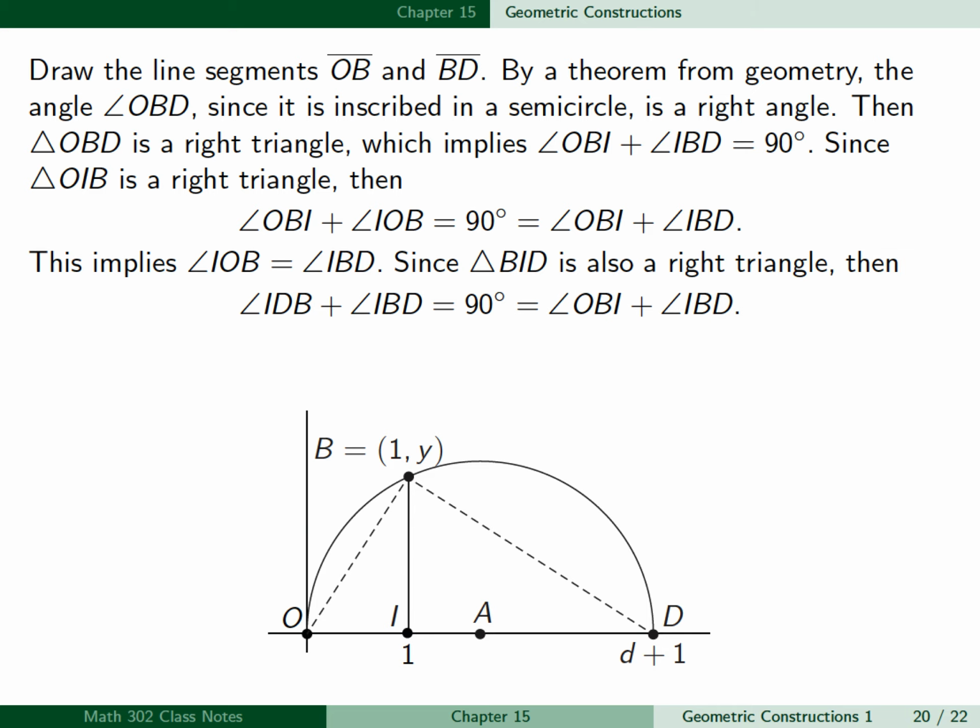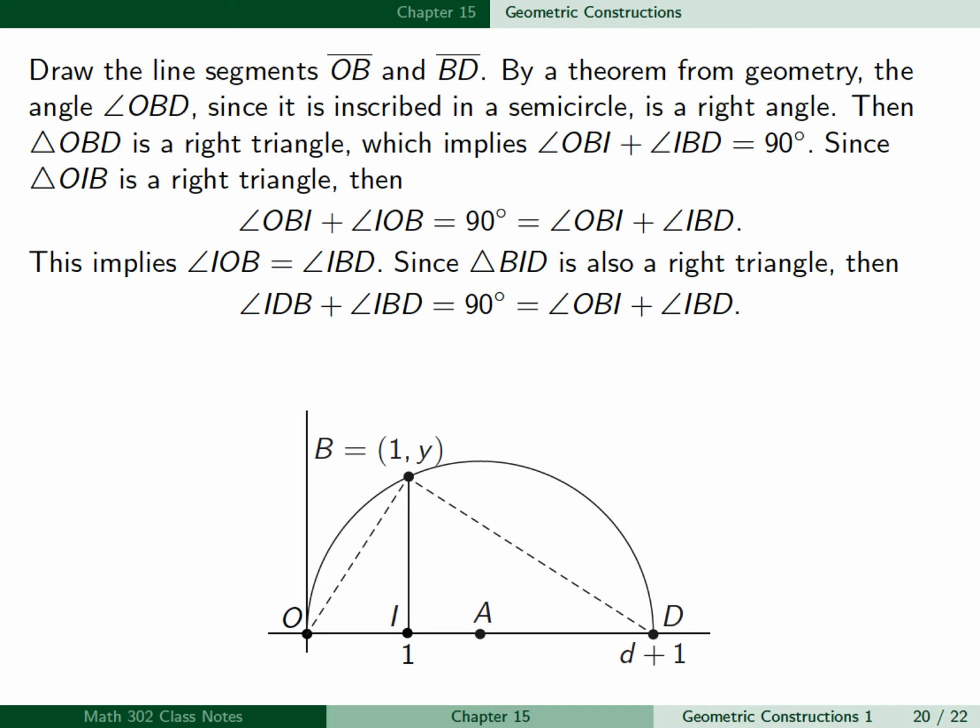Now, since triangle BID is also a right triangle, then the sum of its acute angles add up to 90 degrees, so that's angle IDB plus angle IBD equals 90 degrees. And again, this is equal to the sum of the angles OBI plus IBD.